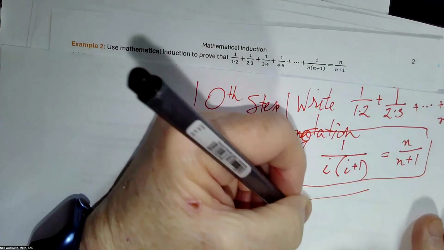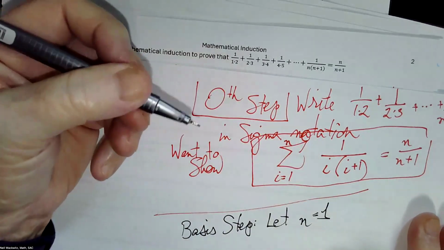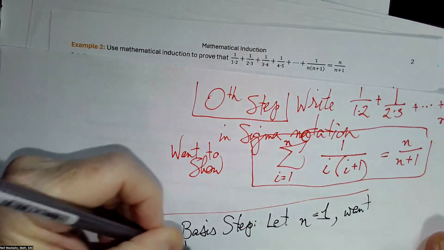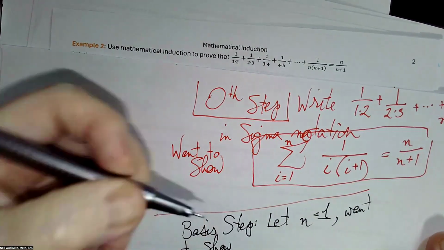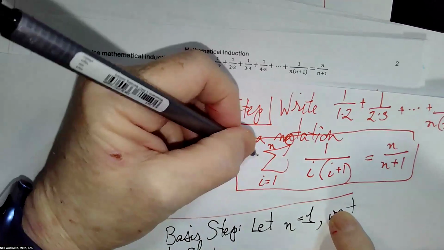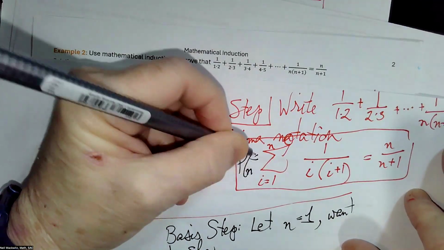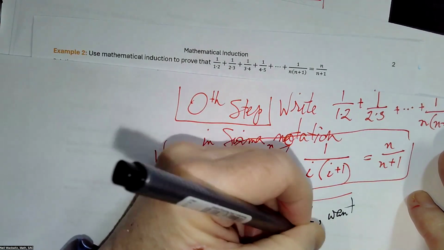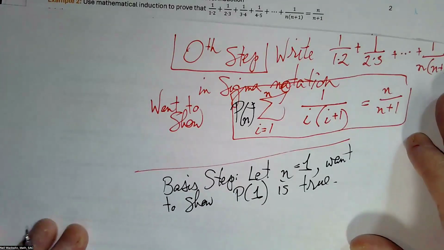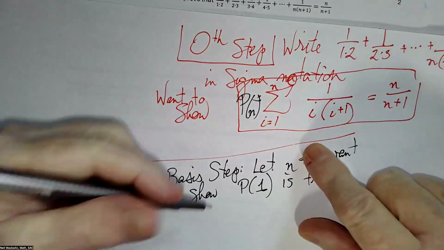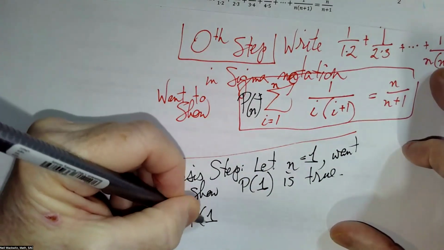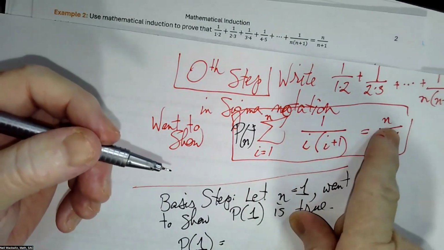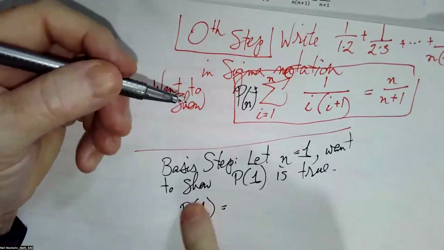We're going to let n equal 1, and we want to show, we're calling this P of n, we want to show P of 1 is true. Well, let's see, P of 1. I'm going to replace all of the n's with 1s.